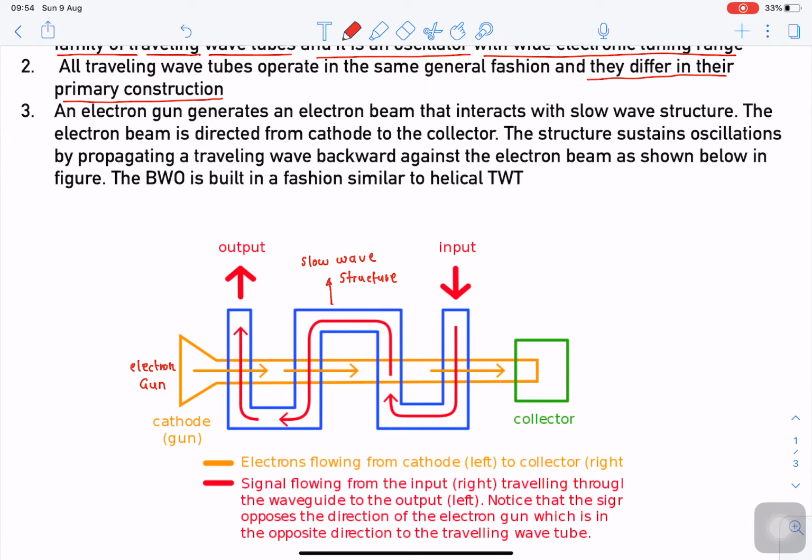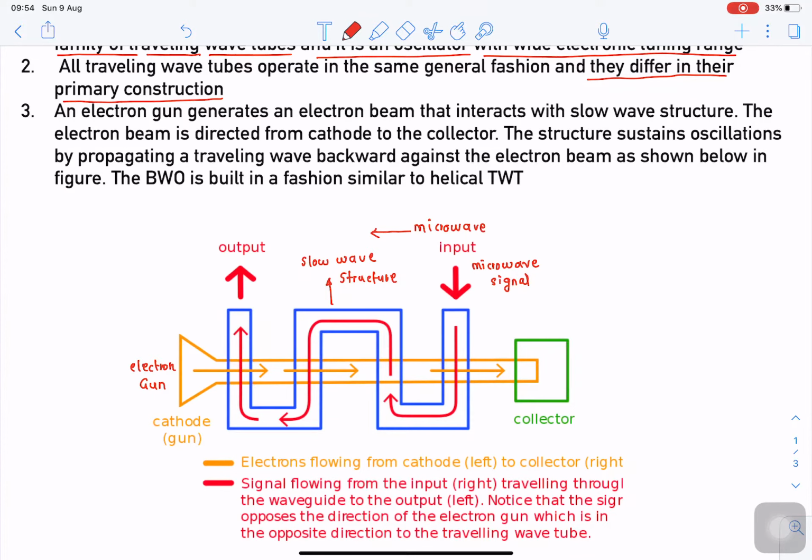That means initially we trigger the action of oscillation by introducing momentarily a microwave signal from the output side. This microwave signal is passed in the opposite direction, from output to input.